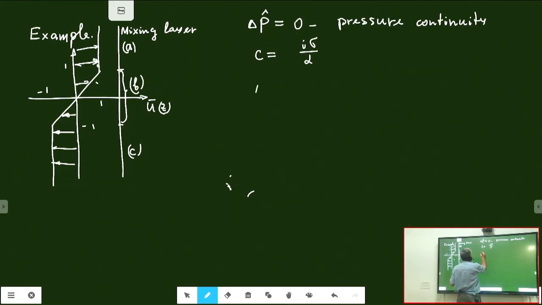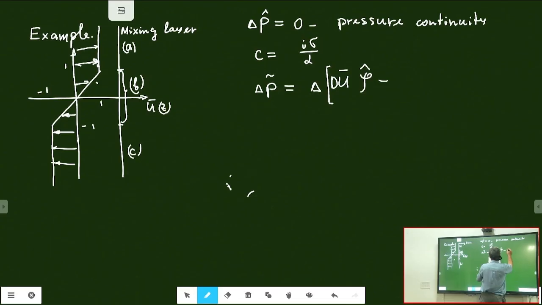So the jump of pressure is 0, and that has to be equal to the jump over du bar psi hat, minus u bar minus c multiplied by d psi hat.